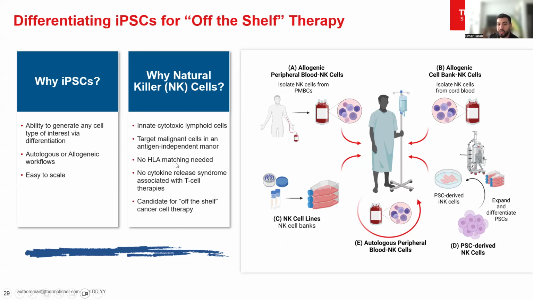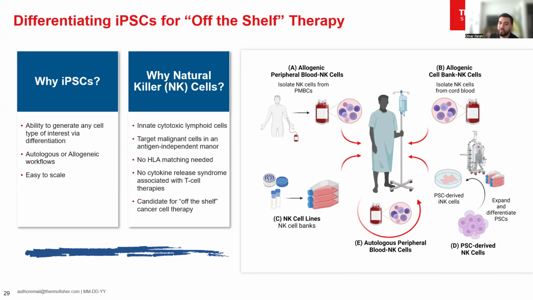Unlike T cells, they don't need any HLA matching between donors and recipients. And with the immune response associated with these transfusions, typically you'll start to see some sort of inflammation or cytokine storm syndrome. That's not as prominent with NK cell therapies, right?